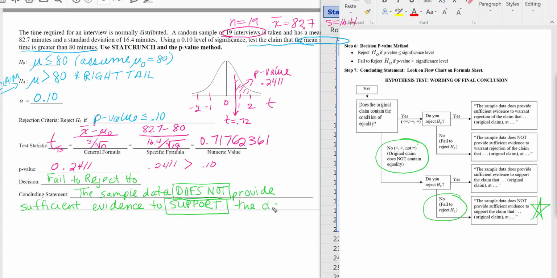And what is our claim again? Well, I did underline it up here.